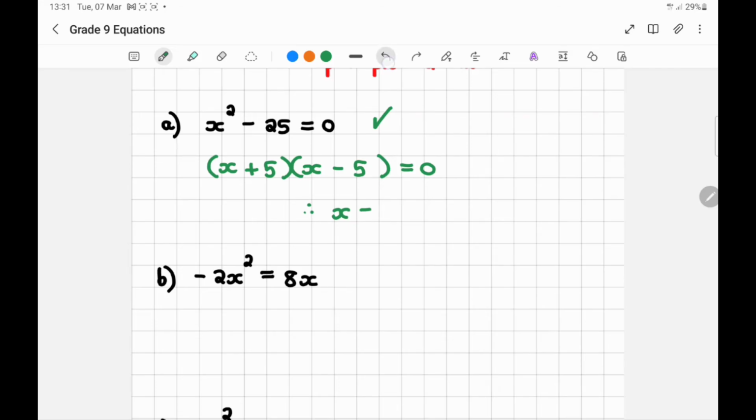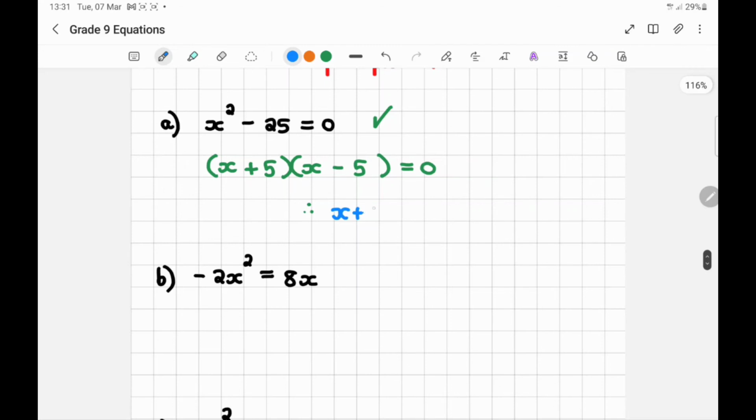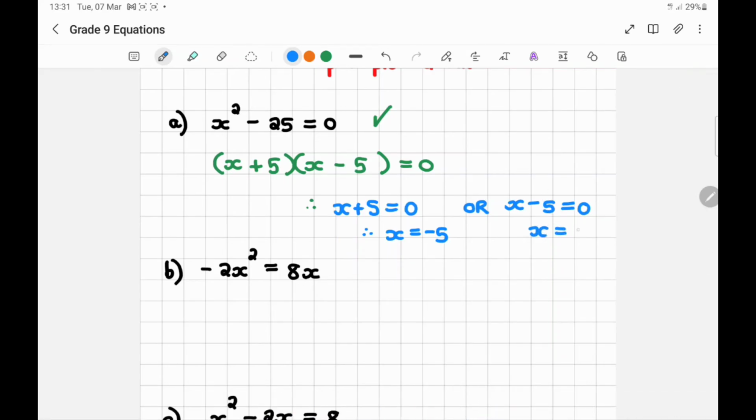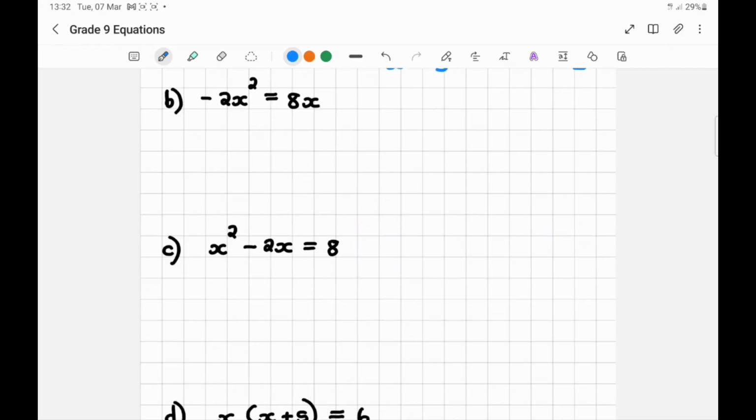Let me just take it a little bit slower because it's your first time around. So then you're going to equal each bracket equal to 0. And you're in actual fact going to get two answers for x. So either x is 0 minus 5 gives you negative 5, or x is equal to adding 5 on both sides. 0 plus 5 is 5.